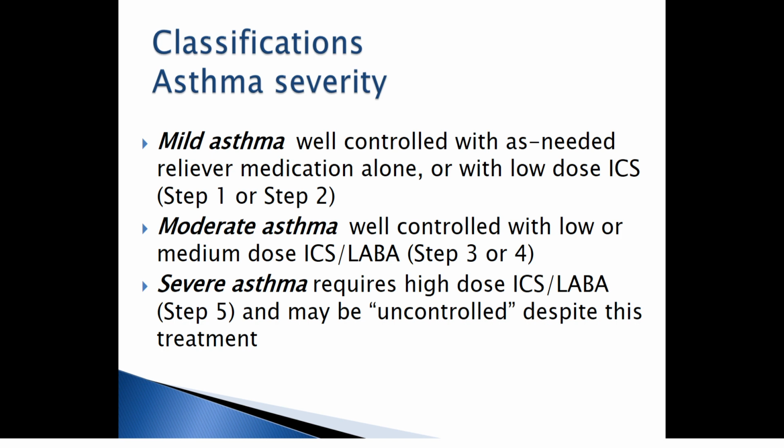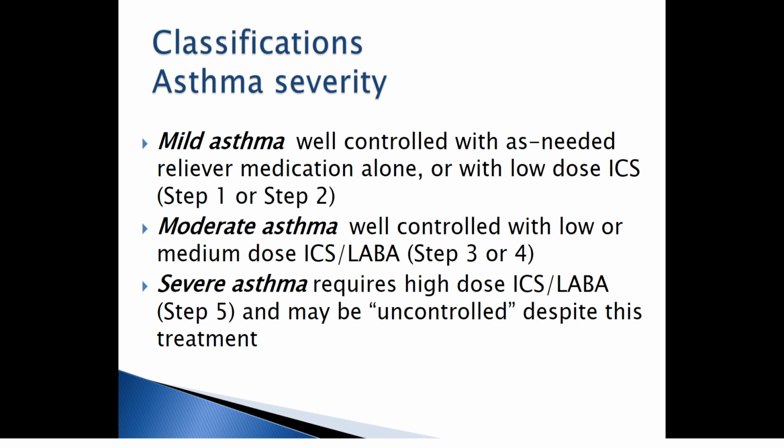As-needed reliever medication alone, or reliever plus low-dose inhaled corticosteroids, are step 1 or step 2. Severe asthma requires higher-dose combined treatment of inhaled corticosteroids and long-acting beta-2 agonists, which is step 5, and may be uncontrolled despite this treatment. And all other types we classify as moderate asthma.